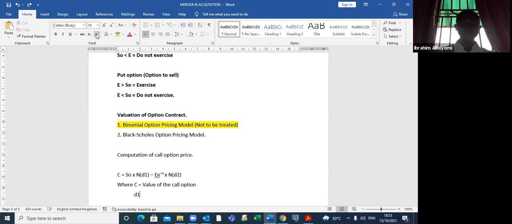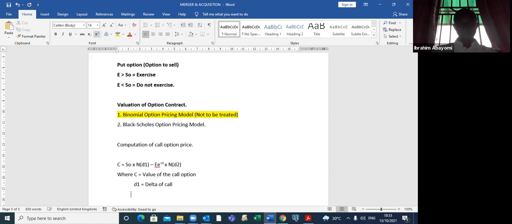D1 is delta of call. D2 is equal to D1 minus standard deviation.